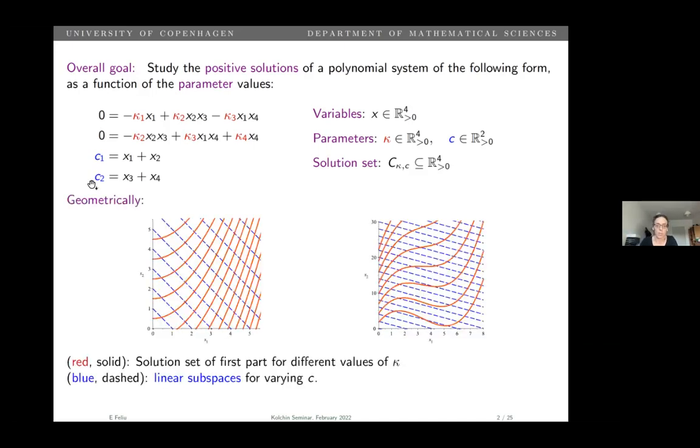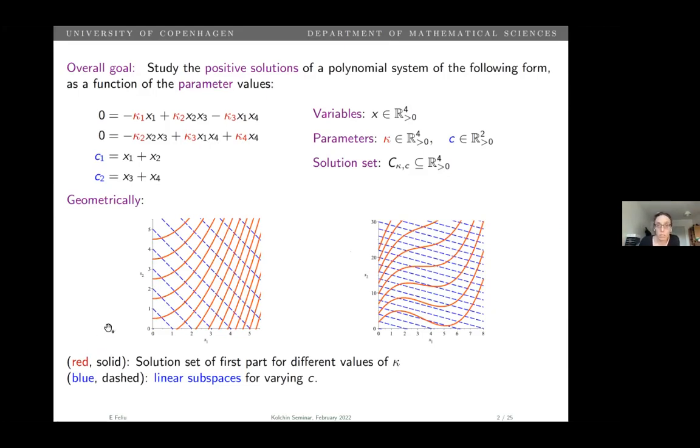And so a picture for the setting, it's not corresponding to these equations because here I have 4 variables. So this is another set of equations, but you can see we have to think that we have this family of algebraic varieties that vary when you vary the coefficients, the K's, and then you intersect them with these parallel translates of a vector space.